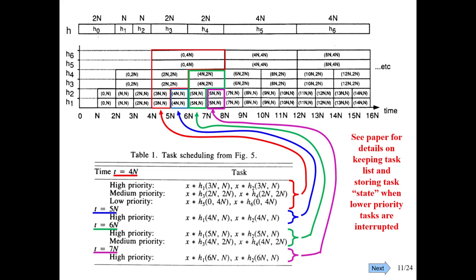Interrupt-driven, multi-threaded, all sorts of stuff. I'm not a programmer. I would never be able to do that. Now, there are some details in the paper on when you get an interrupt to tell you to go down to a lower priority thing that is coming into view. You have to save your results for whatever you were working on. So there are some details on how to do that.